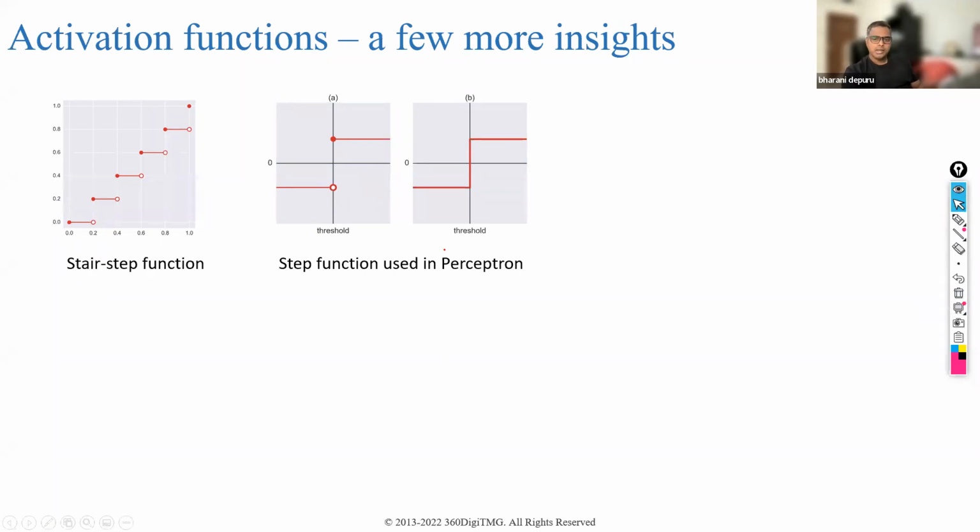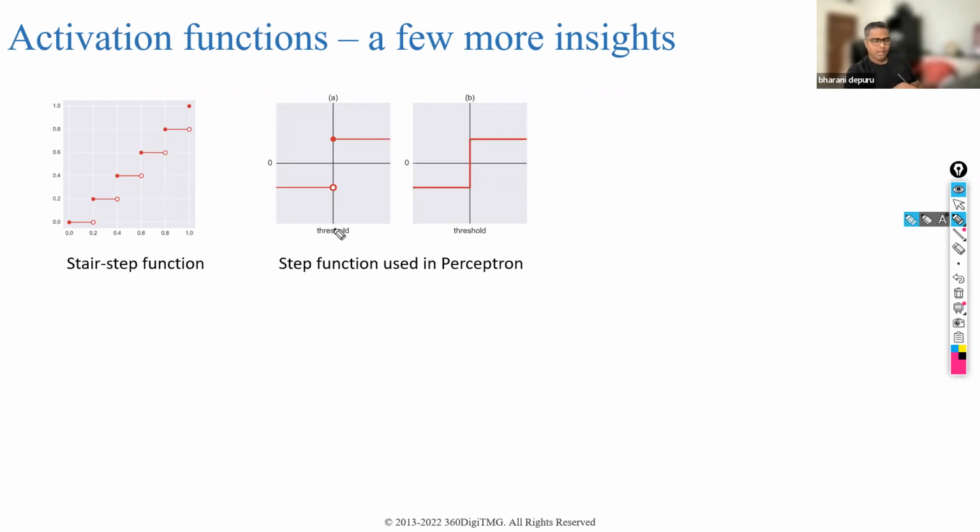Then you have step function, which is used extensively in Perceptron. Here, you need to define a threshold value. So, if you look at this, there are two things, right?